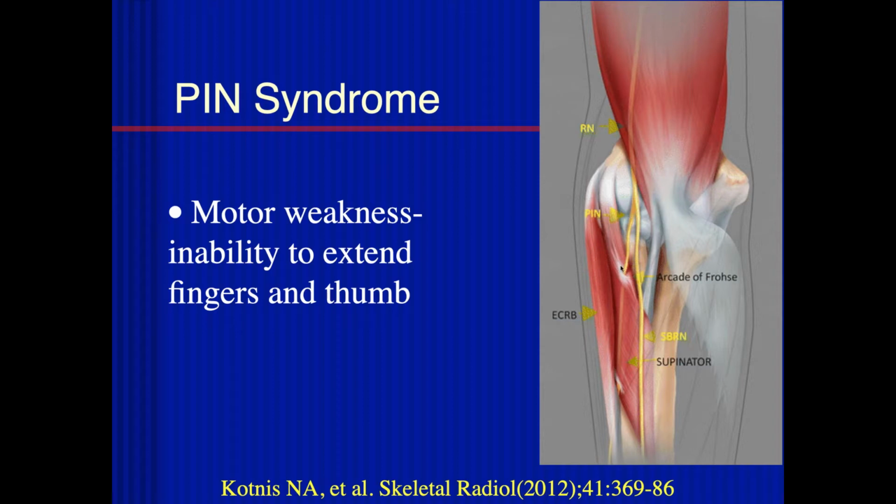Now, this is the posterior interosseous nerve. This arcade here is a fibrous band of muscle tissue associated with the extensor muscles, which can be a very sharp interface that the posterior interosseous nerve has to go through, and this is an area where you can get compromise of the posterior interosseous nerve.